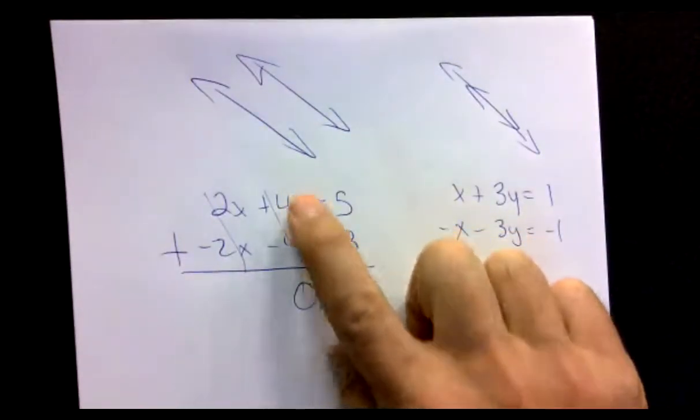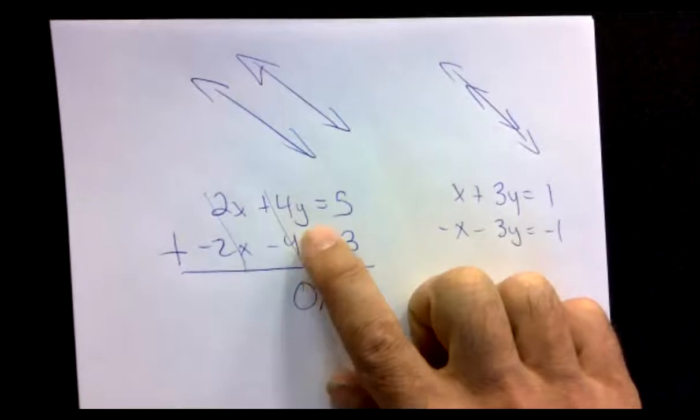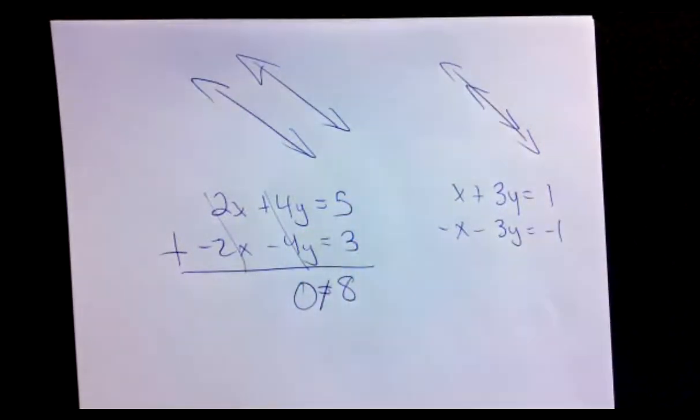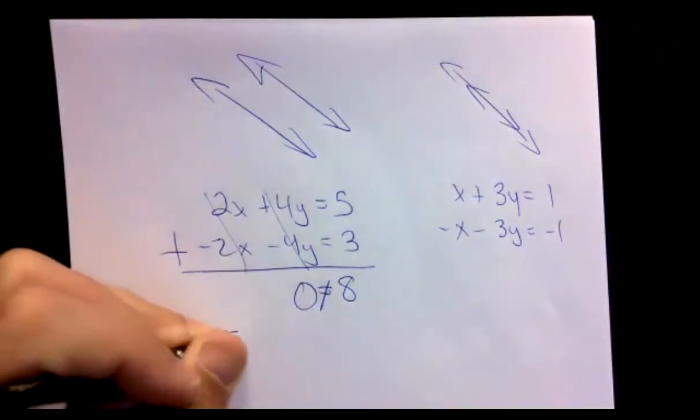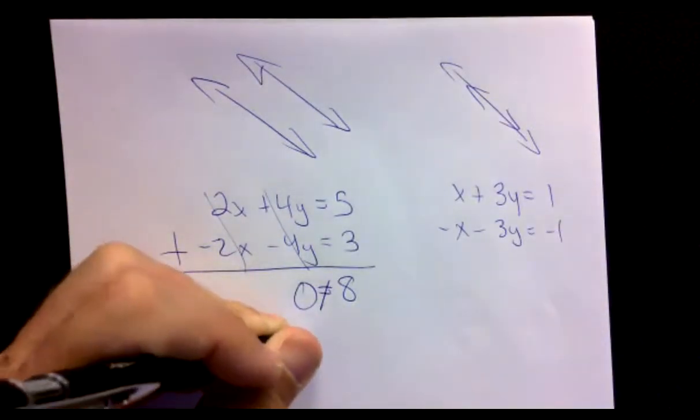If we were to graph these, we would end up with 2 parallel lines that would have different y-intercepts. They are not going to cross.